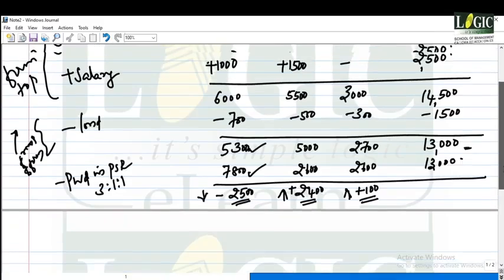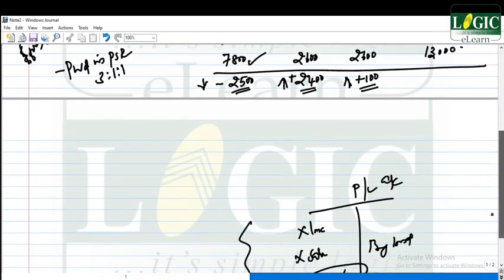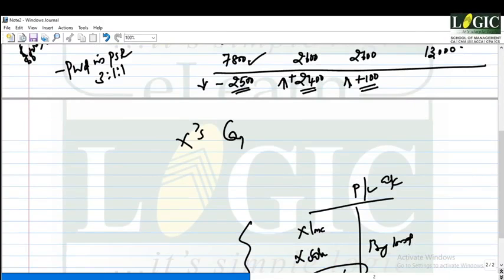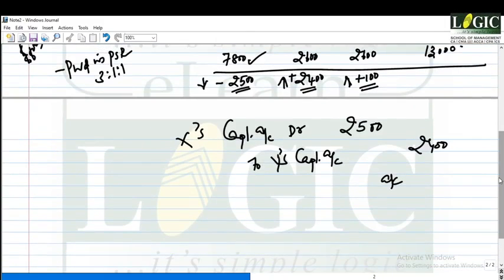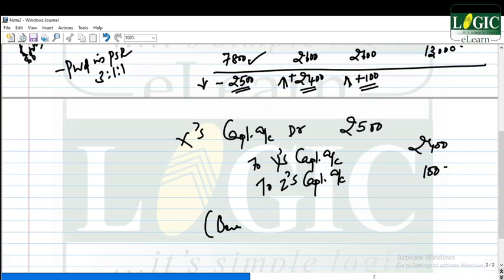Hence the rectification journal entry turns to be X capital account debited 2,500 to Y's capital account 2,400 and to Z's capital account 100, being rectification entry passed for omissions.